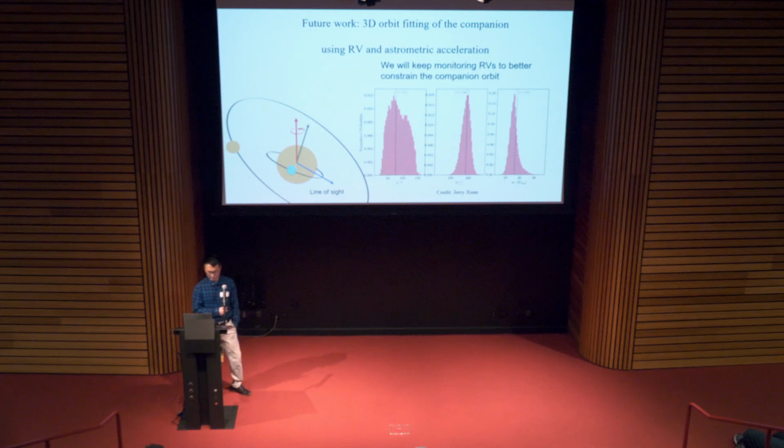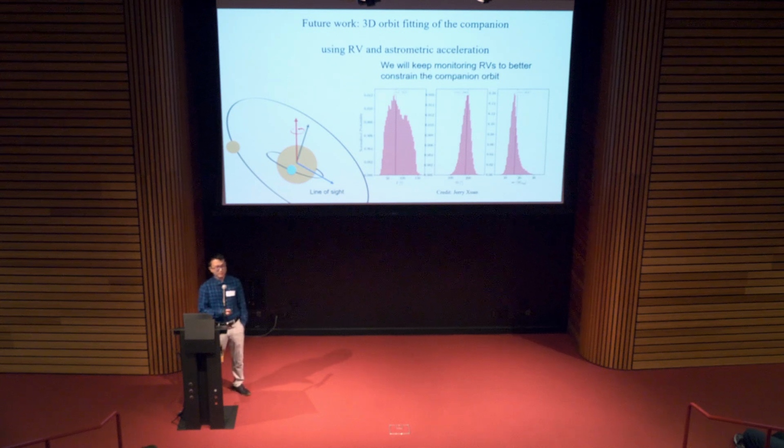Ongoing work, in which I am partially involved, is to actually measure the 3D orbit of this outer companion. I said there's an RV period for it, and when combined with astrometry, which measures the sky plane velocities, you can, in some cases, constrain the full 3D orbit of the outer object.